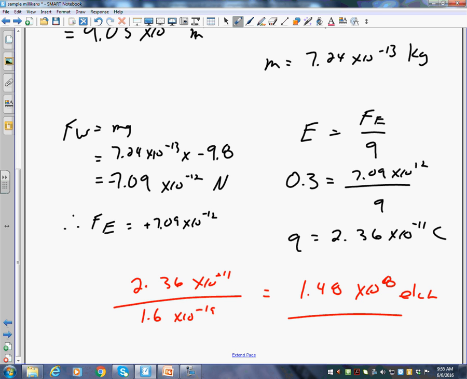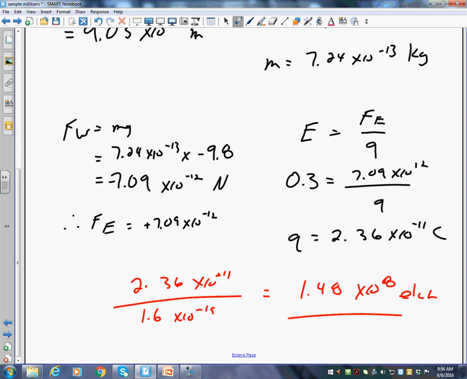So what you're really asking me is, how do we do that on a calculator? That's what you're really doing. 7.09 times 10 to the 12. Right? So you get 7.09. That is times 10 to the 12.